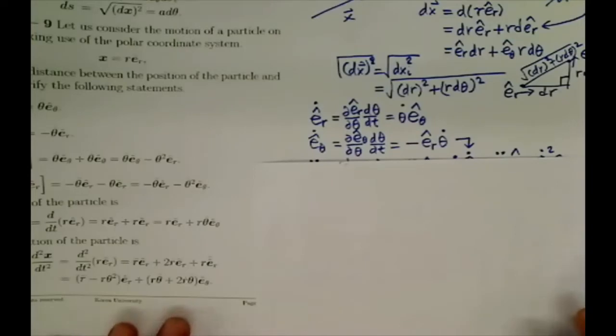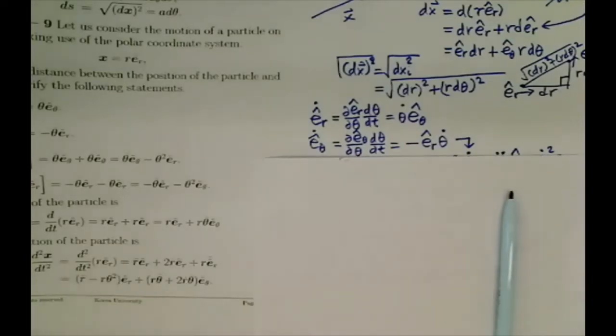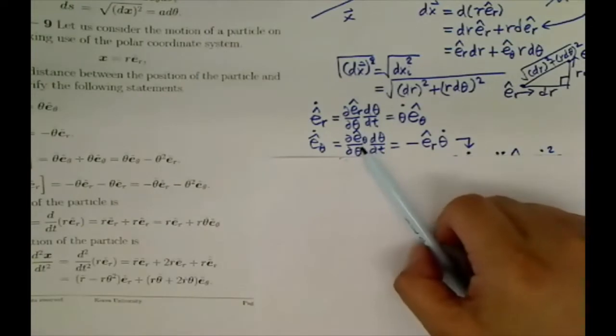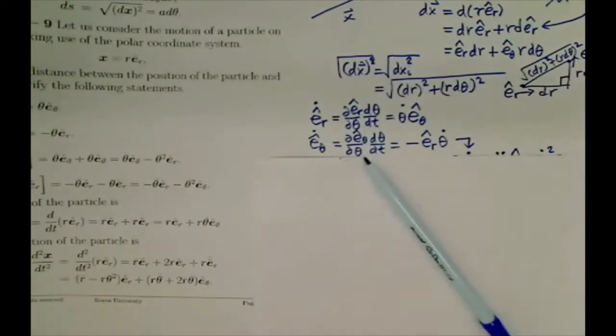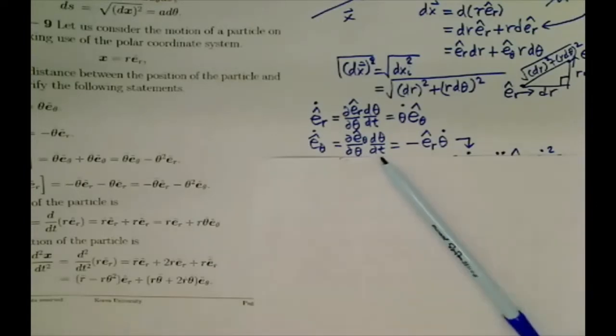Next, we consider the time derivative of the unit vector along the angle theta. In a similar manner, we make use of the chain rule. We first take the derivative of this unit vector with respect to theta, and then multiply by the time derivative of the angle theta.